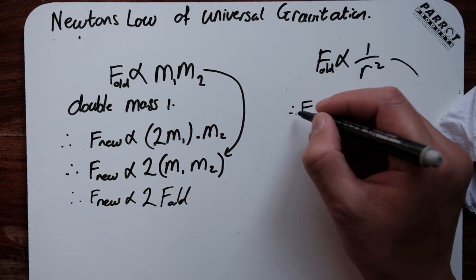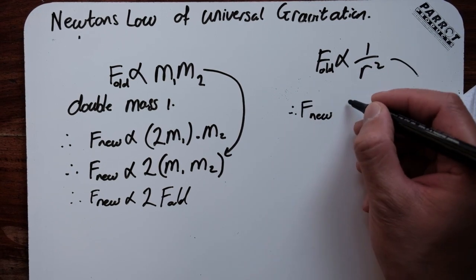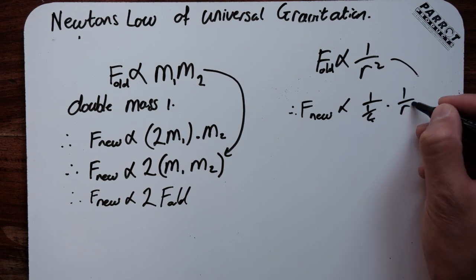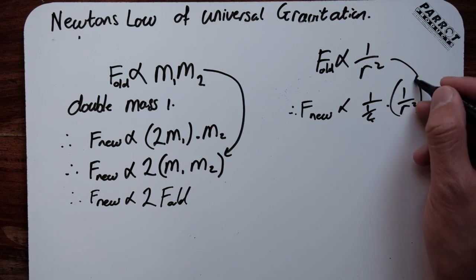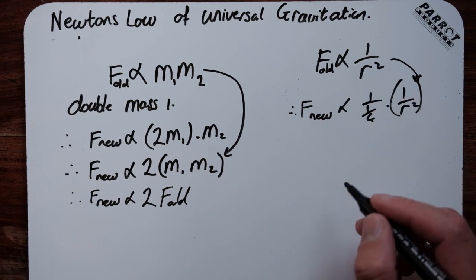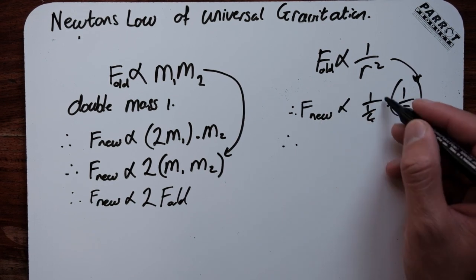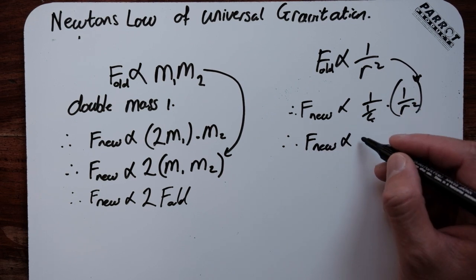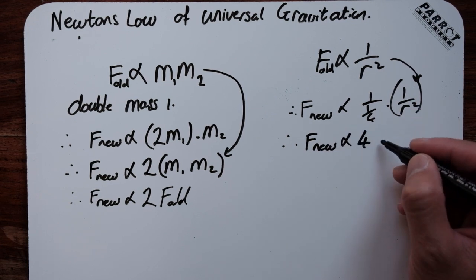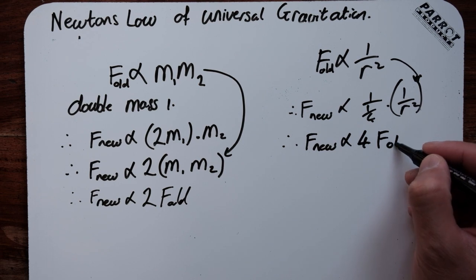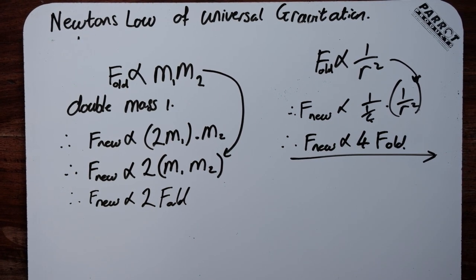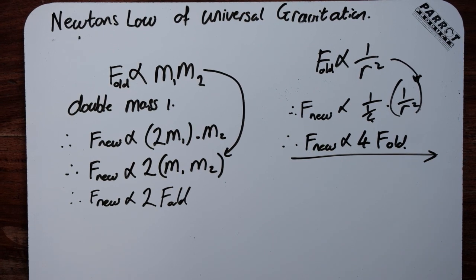The new force would be proportional to 1 over 1/4 times our 1 over r squared. You can see again that's going to be our old force. But when we simplify this, 1 over 1/4 is going to be 4 times the old force. This is what we call the inverse square law.